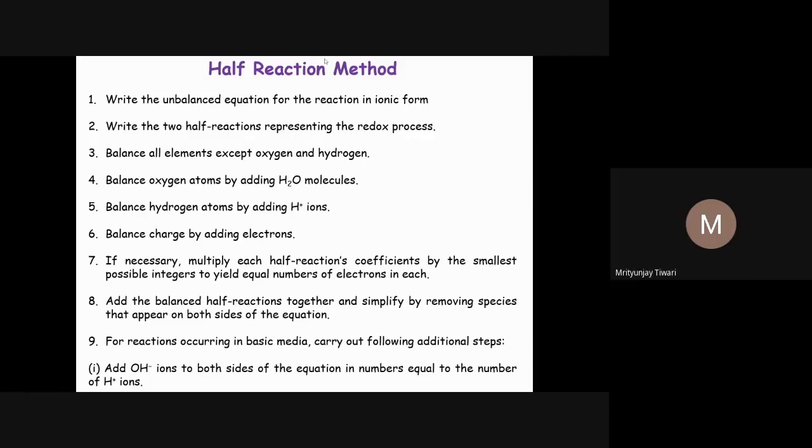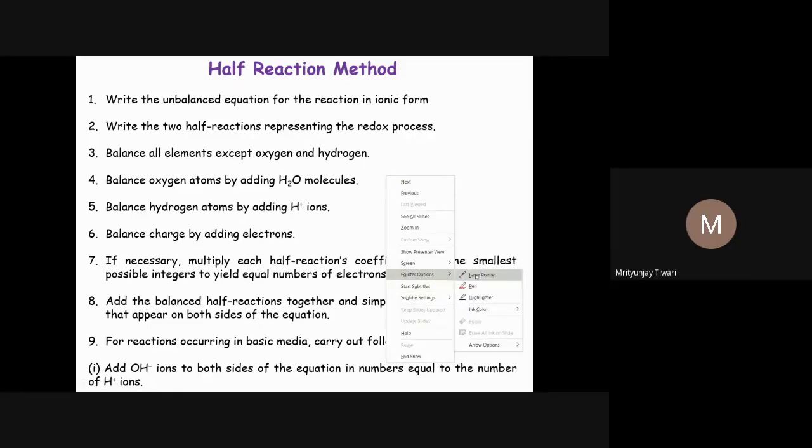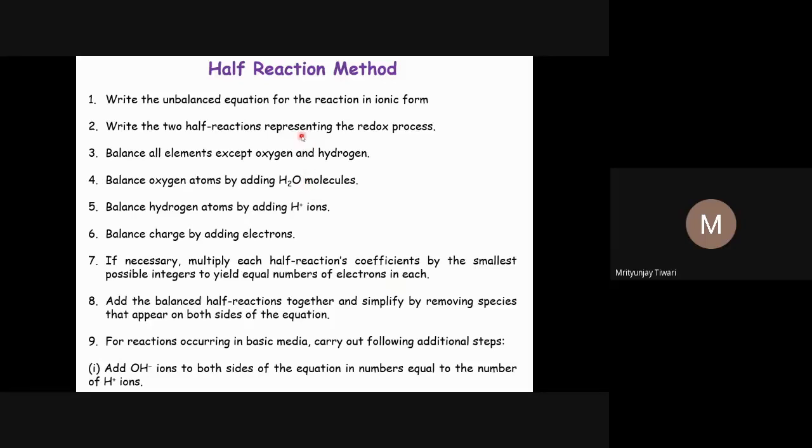The rules that we usually follow to balance redox reactions by this half reaction method are stated here. First, write the unbalanced equation for the reaction in ionic form. Then write the two half reactions representing the redox processes.